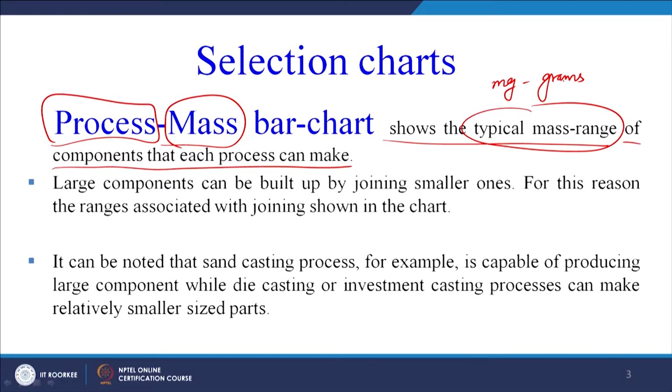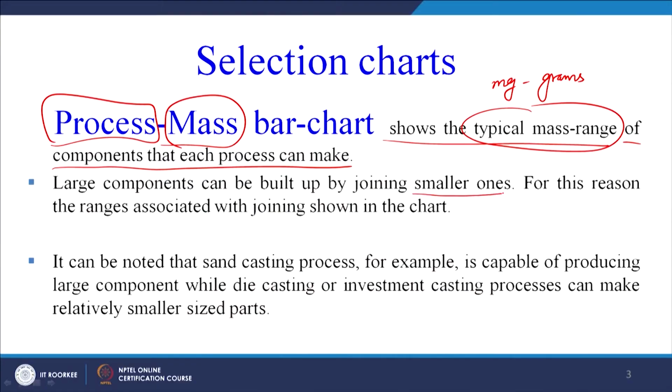So this is going to show a typical mass range for the components or the products which can be processed by various processes. We will be able to better comprehend it once we see the chart. Large components can be built up by joining the smaller ones.